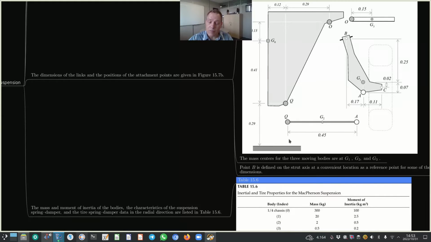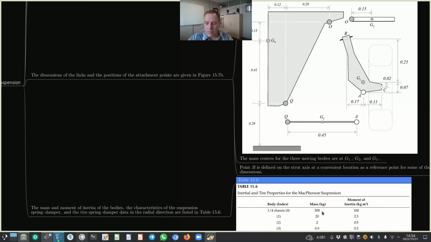The reason for me pointing this out is that in today's lecture, we didn't do it in lecture 5, we will compare the results obtained by the different models, each model having a different number of bodies.